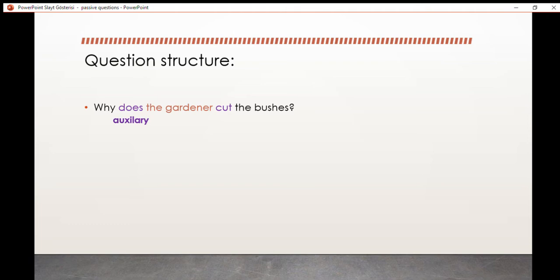That also works. Or, I'm not sure if it's helpful, but you can think what we call them in Turkish is yardımcı fiil. So what does the yardımcı fiil do? The yardımcı fiil helps the fiil. It means it shows the tense, it shows positive or negative.